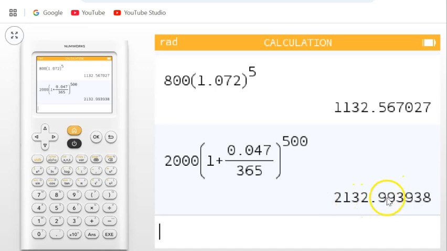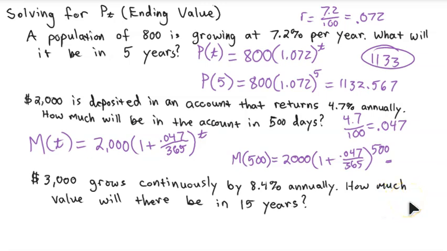So 2132 and 99 cents. So this is money. So it's going to be $2132.99. Now if you're told to round to the nearest whole number, it would be $2,133, okay?